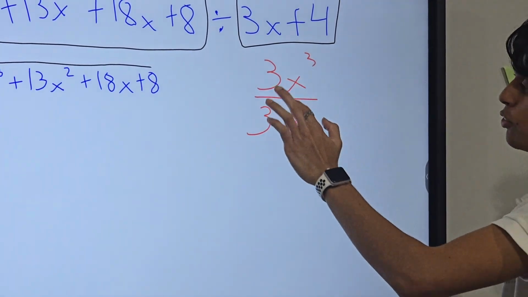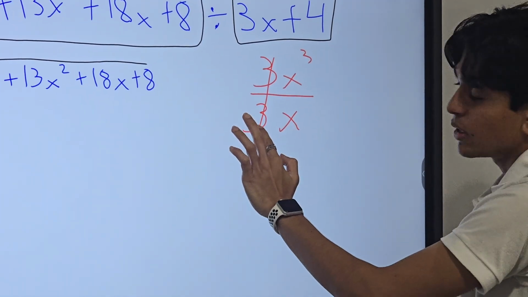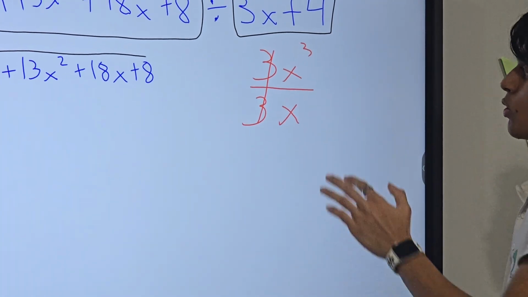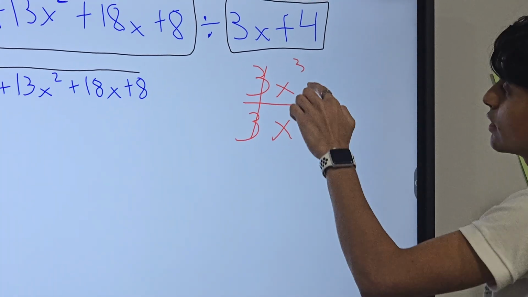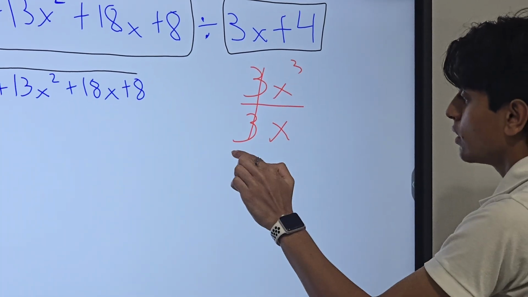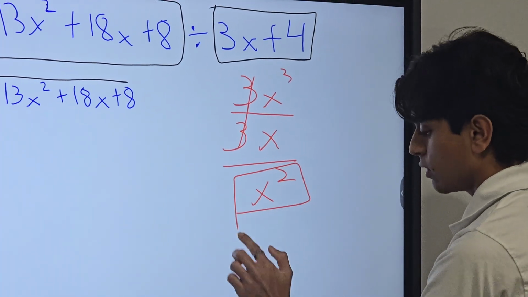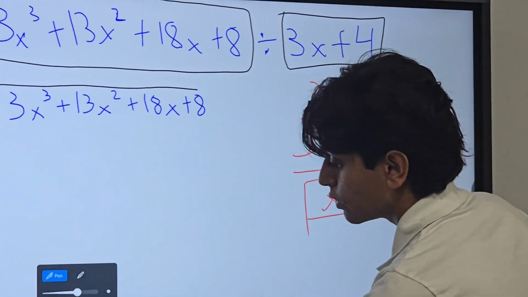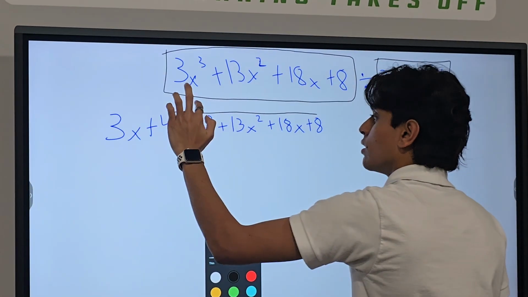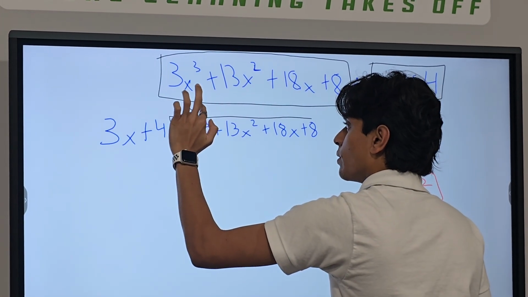Now, since they're both 3, the 3's cancel out. And now using quotient rule, we know that since it's dividing, 3 minus 1 will equal x squared. So now we can write our x squared on top.